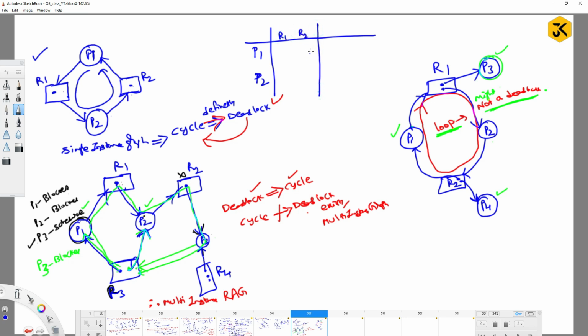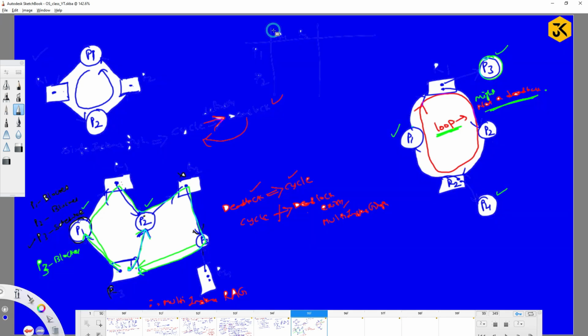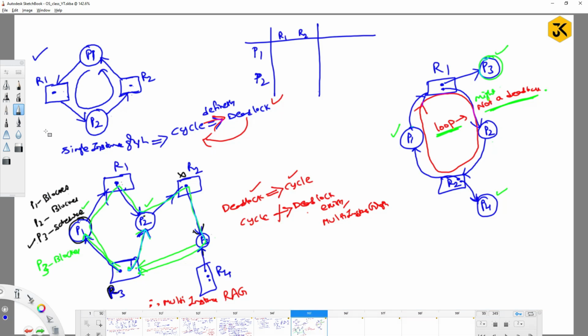Am I right? In terms of, for example, allocated, and this is meant for need of R1, R2, right?